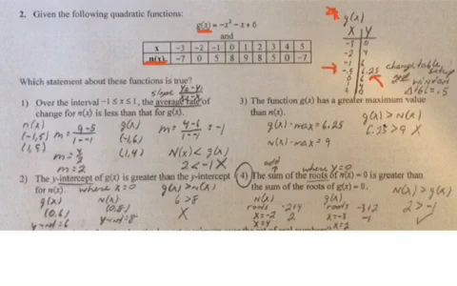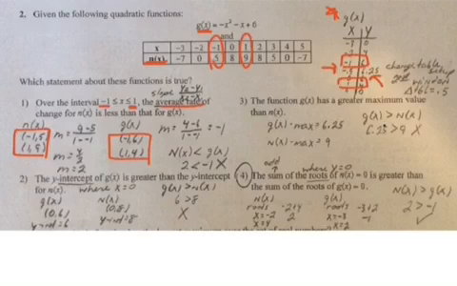Now choice 1 is talking about the average rate of change, which is referring to the slope. The slope formula is y2 minus y1 over x2 minus x1. Now for this, you specifically need to use the points for -1 and 1. These would be the coordinates you're going to be plugging into the slope formula. And for g of x, you will be using (-1, 6) and (1, 4) to do your slope formula.